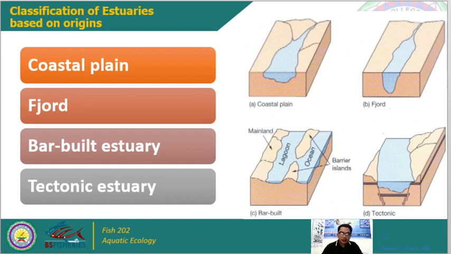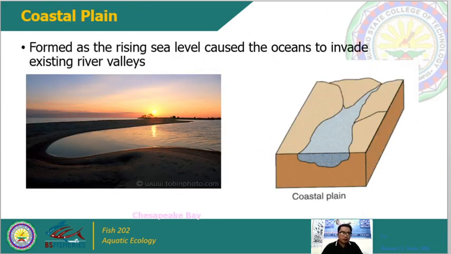Alright, so let's first take a look at the floodplain or the coastal plain. So coastal plain is basically formed as a rising sea level caused by the oceans to invade the existing river valleys. So this is basically wala pa ni siya na flooded with oceans na una because of sea level rise. Niabot na diri ang ocean.